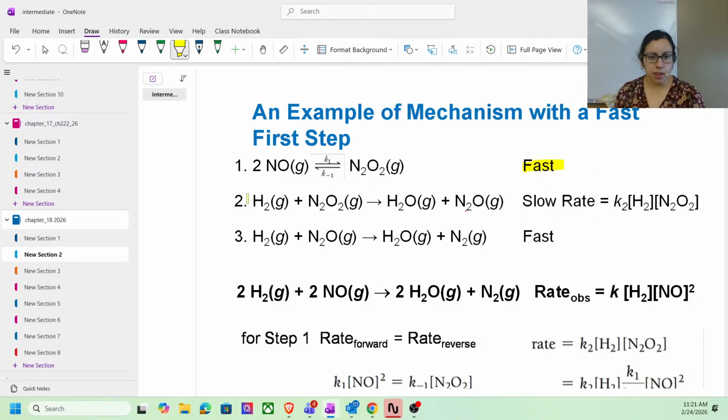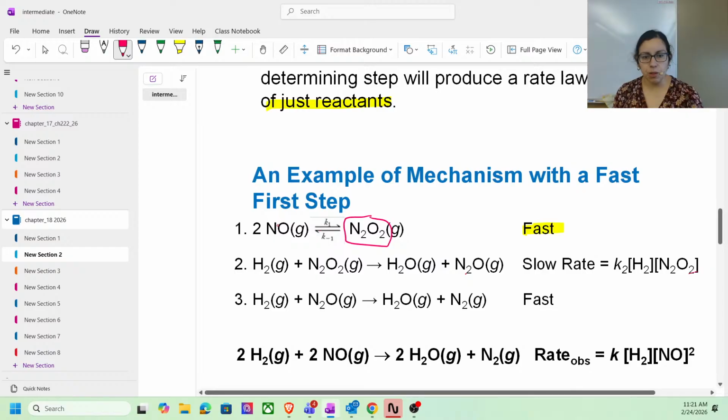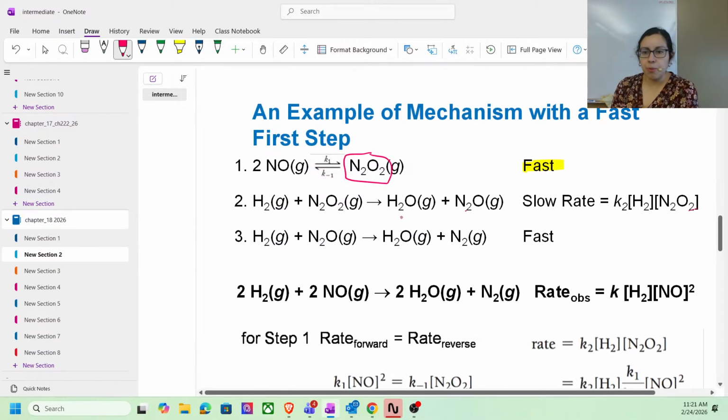And then looking at step 2, what they propose: now we have our intermediate here. Our N2O2 reacts with H2. And so that's part of our issue, so now we need to quantify this in terms of our reactants. We can at least appreciate how we get this rate, basing it off of the reactants.